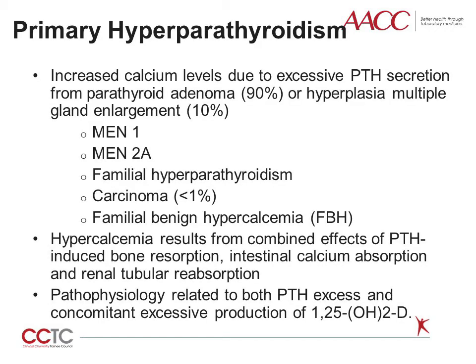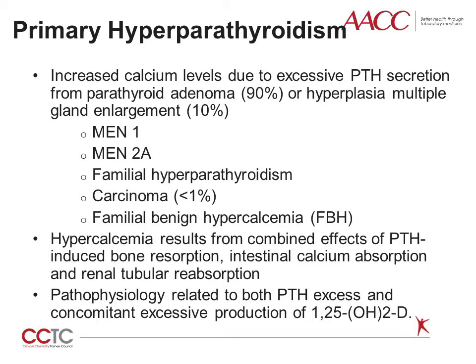In primary hyperparathyroidism, the increased calcium levels are due to excessive PTH secretion from parathyroid adenoma or hyperplasia, multiple gland enlargement, including MEN1, MEN2, familial hyperparathyroidism, carcinoma, which is very rare, and familial benign hypercalcemia.